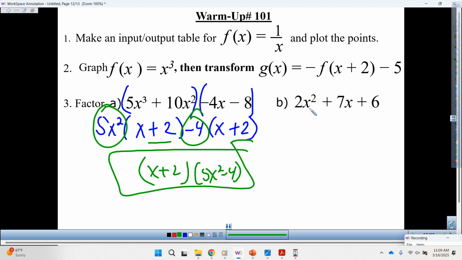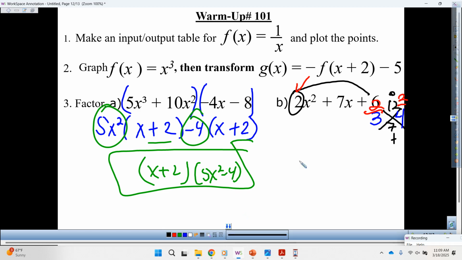Number 3b. Is there a GCF? No. However, there is a number in the front, so I need to multiply that times that. So 12. 7 underneath. What 2 numbers multiply give me 12 when you add them give us 7? That's 3 and 4. However, we have this number in the front, so we put that on top of the 3 and on top of the 4.